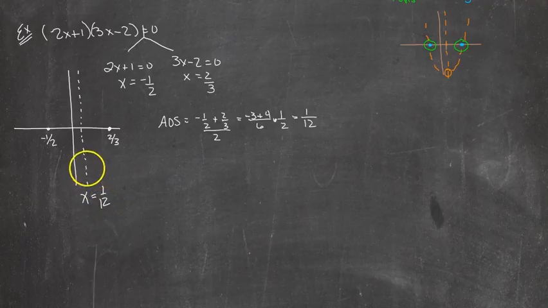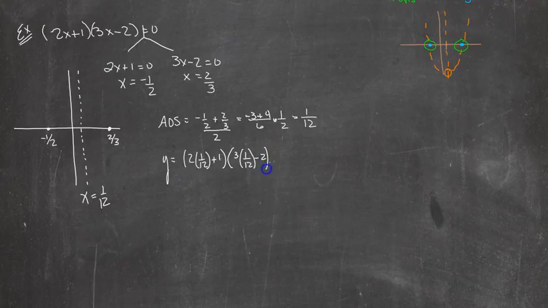So now when I look for my vertex, which is going to be down here somewhere, I have to plug 1/12 into my function. I don't really want to. I know you don't want to. I certainly don't, but we don't really have a choice. Our y value is going to be 2 times 1/12 plus 1 times 3 times 1/12 minus 2.